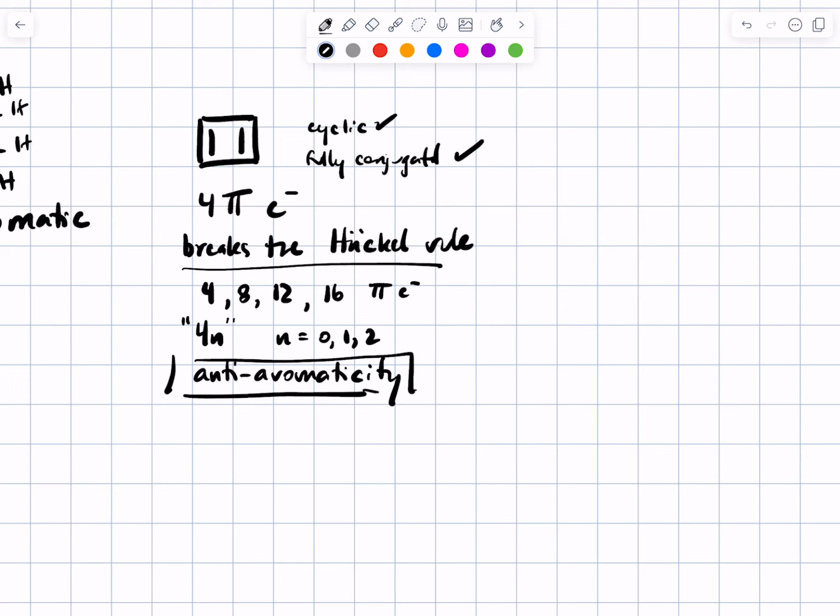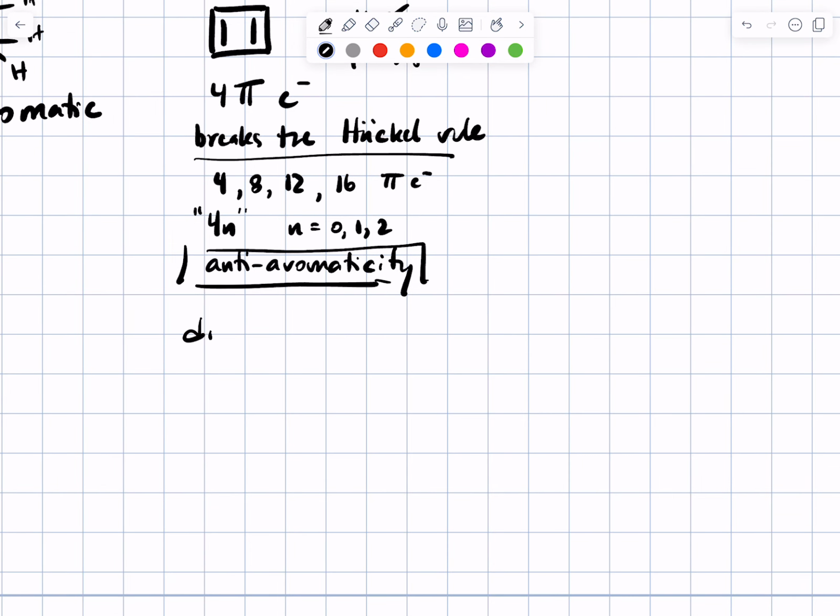The concept of anti-aromaticity is a really interesting one. We won't say too much about it, though I will say that molecules that are anti-aromatic will sometimes distort themselves out of planarity or out of full conjugation in order to disrupt this instability.